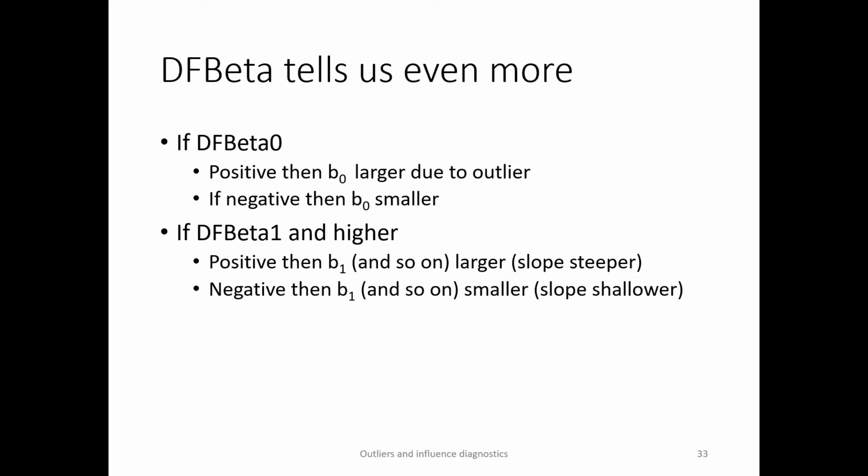Conversely, if you have a negative DF beta 1 or higher, that indicates that the influential observation is making that particular slope shallower or smaller. So, a very, very important result there.